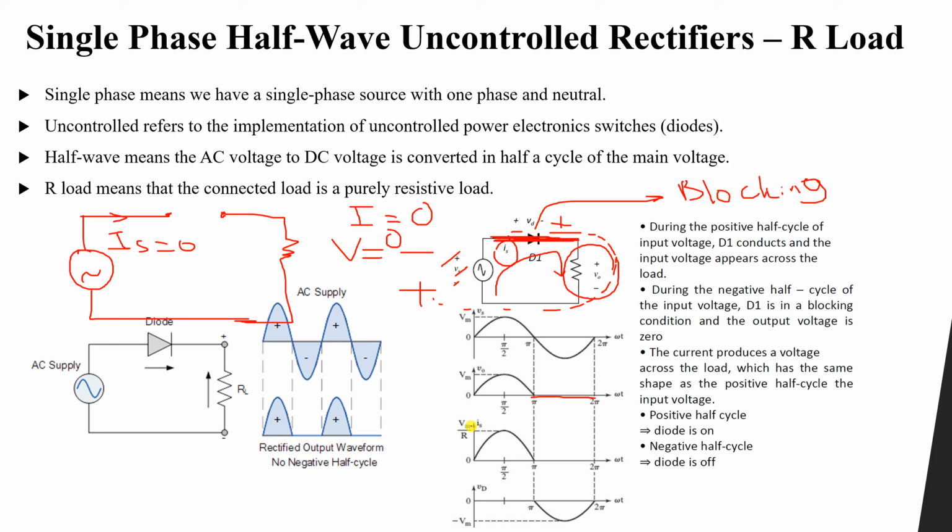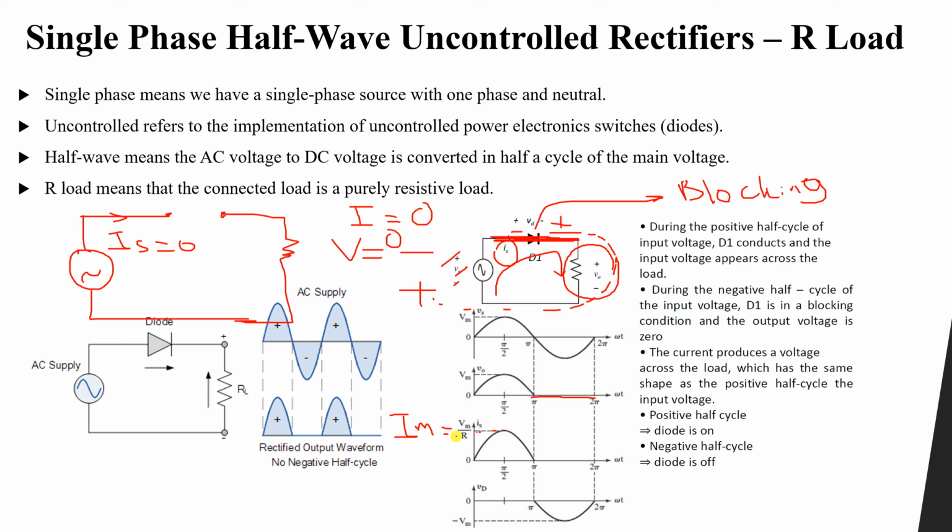So as you can see, current starting from 0 goes to maximum and goes down. So it has the same waveform as the supply and the voltage across the load. This maximum value of the current, I max, will be equal to Vm, which is the maximum voltage of the supply, divided by the resistance.